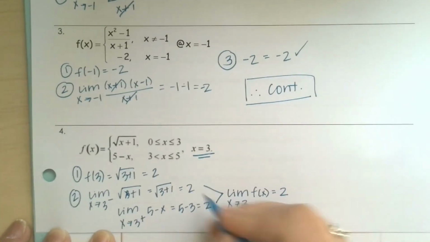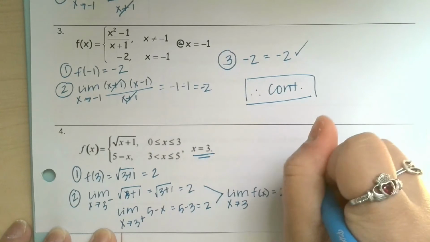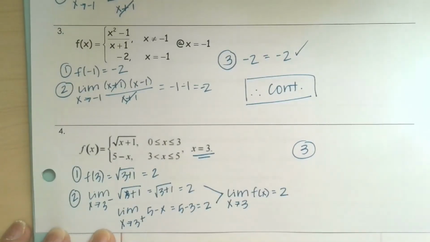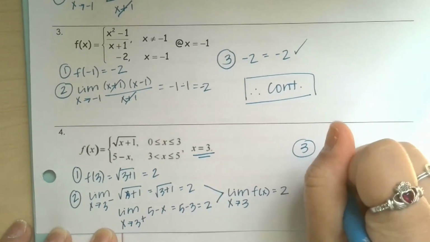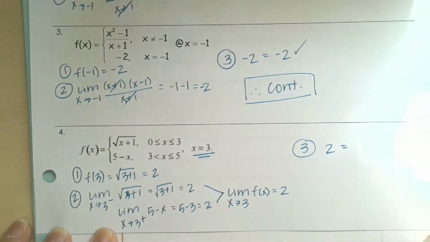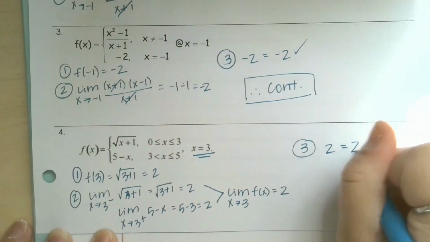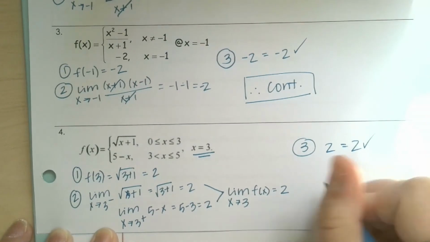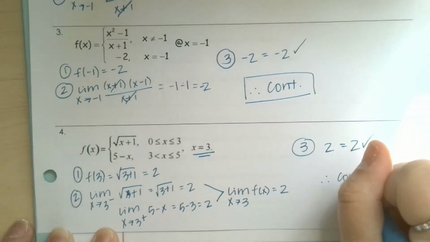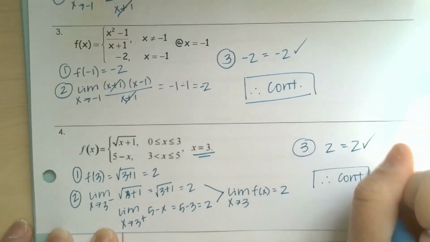So that's still just our second step with our limit. Third step, we need to see if our function value equals our limit. So f of 3 equals 2. Our limit of f of x equals 2. That's good. So that means that our function is continuous at x equals 3.